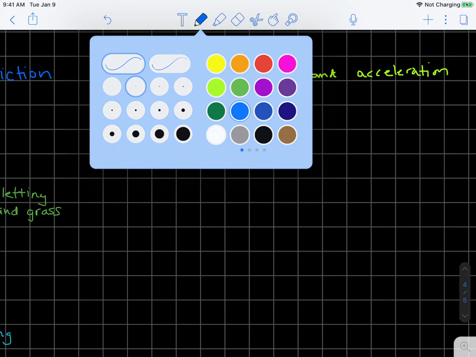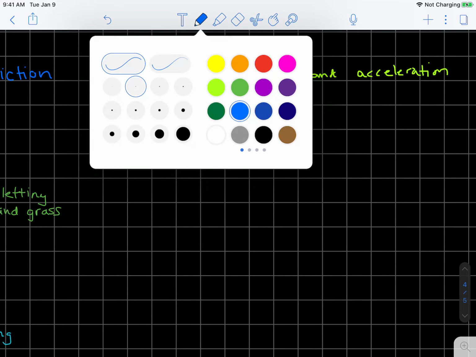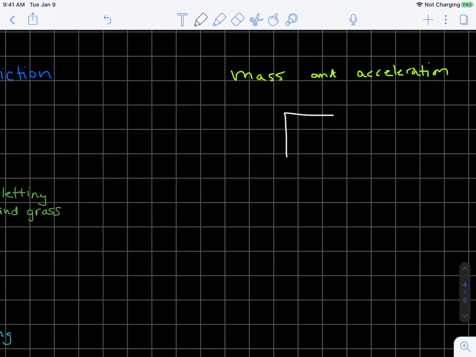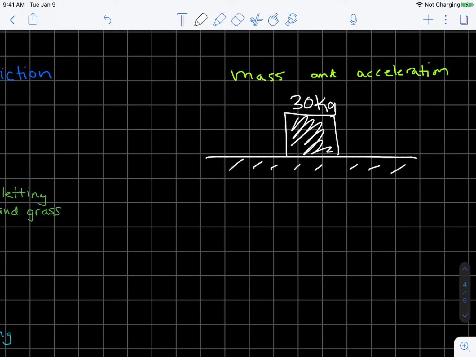in the picture? Here we have a box on a surface, and this box is going to be 30 kilograms. And then in the next picture, we have a box that's 5 kilograms. What increases and decreases here is the weight, and if it's on a flat surface, we're talking weight and normal force.